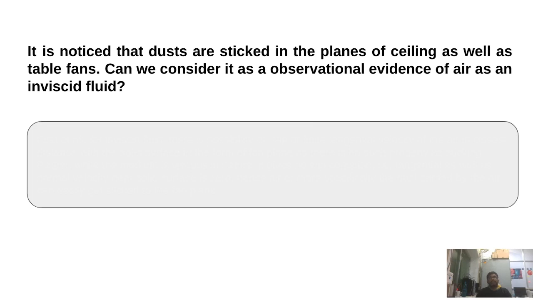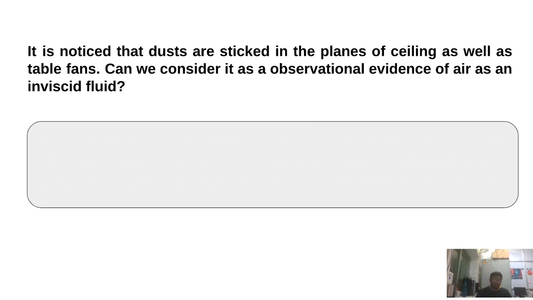So we all see that in our household, there is some dust which sticks on the ceiling fans or table fans, right? So how can we consider it as some observational evidence of air as an inviscid fluid?